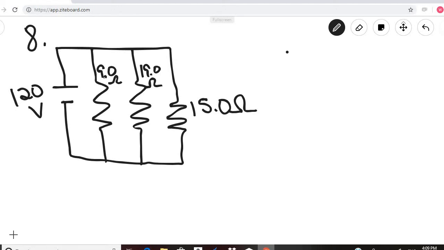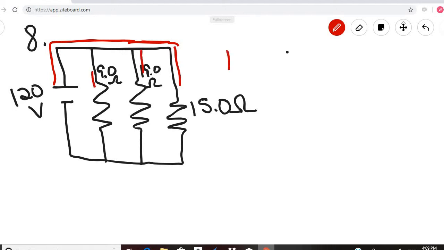Okay, so this is a circuit. So again, we're going to start with the positive and follow that current around to the negative. And what you'll see is that it's going to start here. When it gets here, as it goes across here, it's going to have choices to make. It could go this way, it could go this way, or it could go this way.